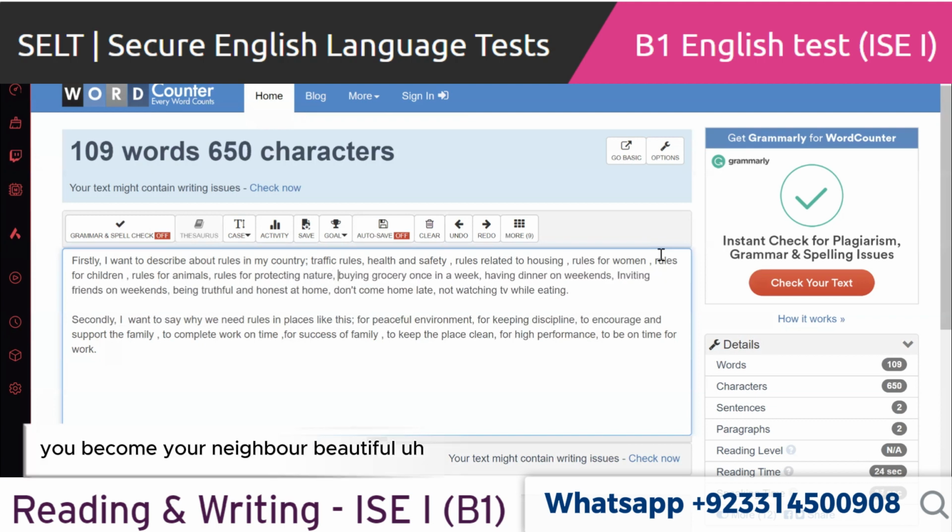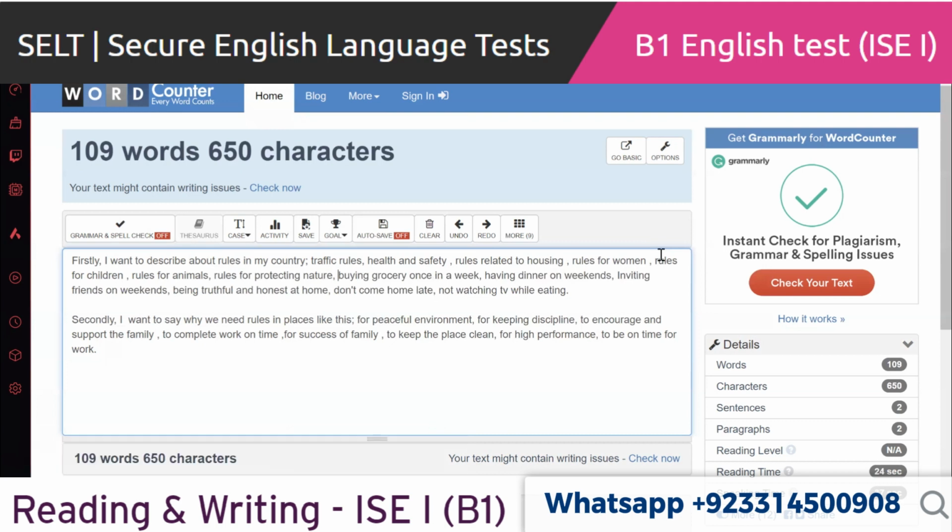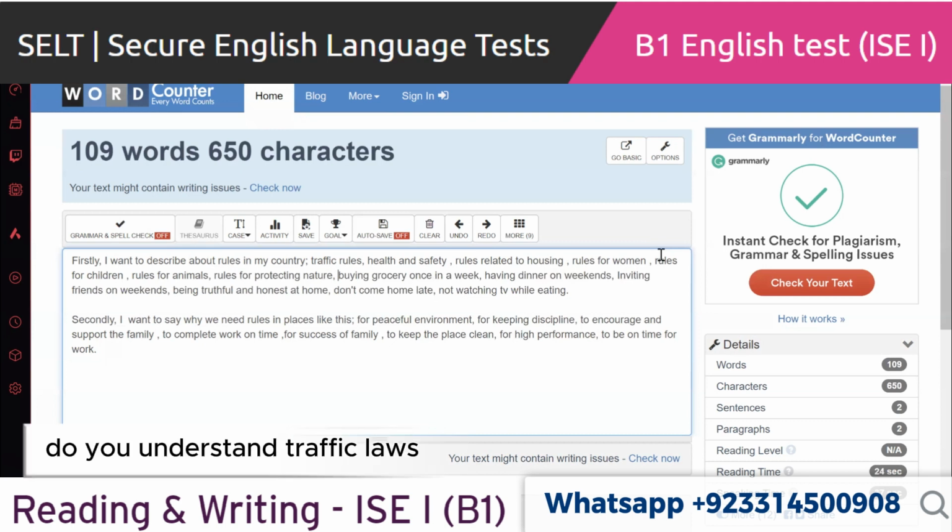Be kind to your neighbor. These are not rules, I think. These are laws. When it comes to a country, countries have laws, because rule means law, right? Do you understand?